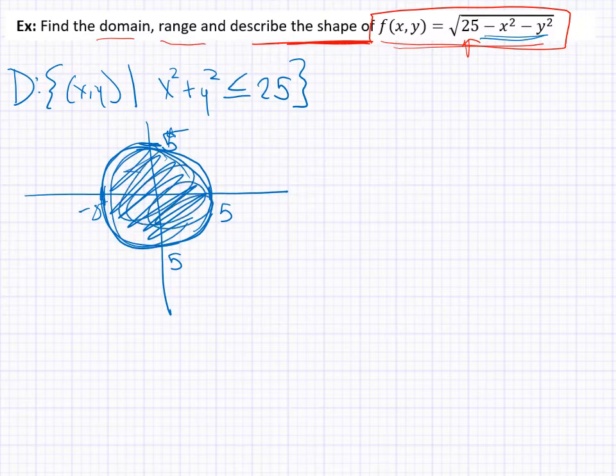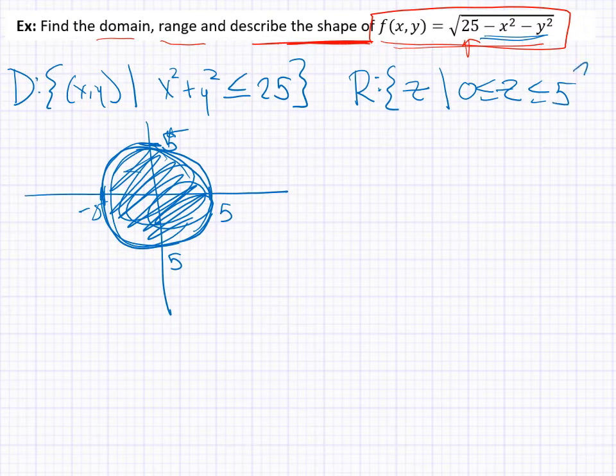So that's our domain. The range, similar to the example we did before, is all the z's, or f of x, y's, let's just say z's, such that z is between 0 and, in this case, 5. It was 0 to 4 before, but now it's going to be 0 to 5, because think about what's going to happen here.